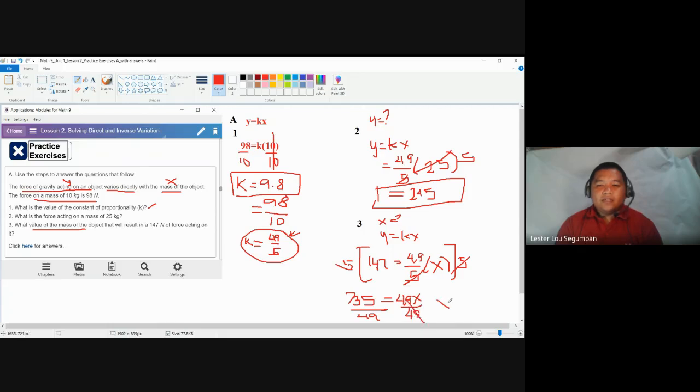You will have x is equal to 735 divided by 49, which is 15. So you will have 15 kilograms. So a mass of 15 kilograms shall result in 147 newtons of force.